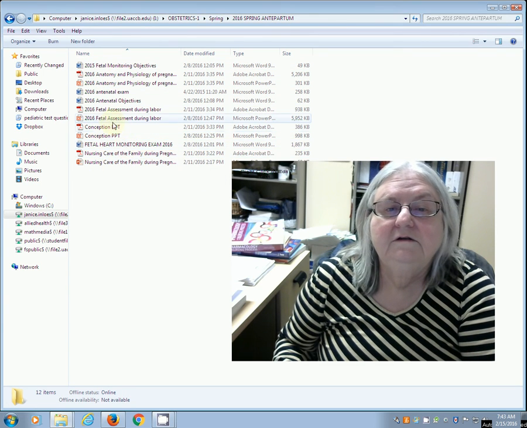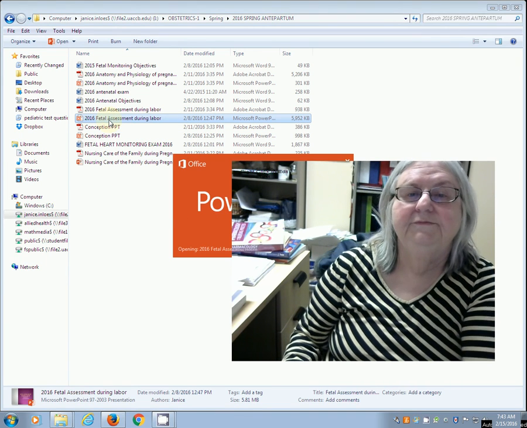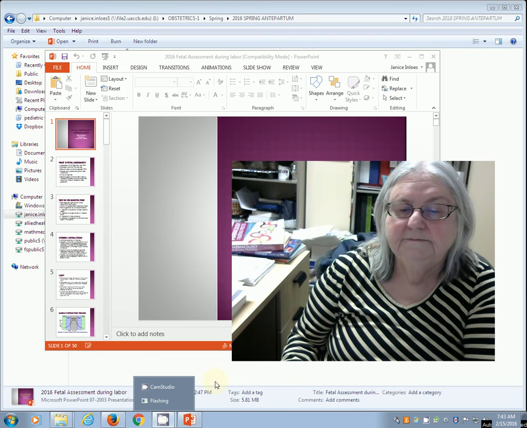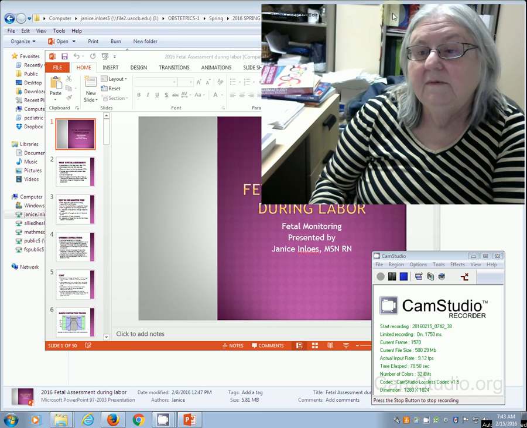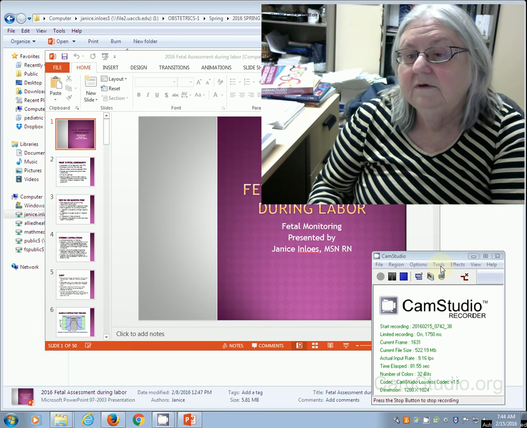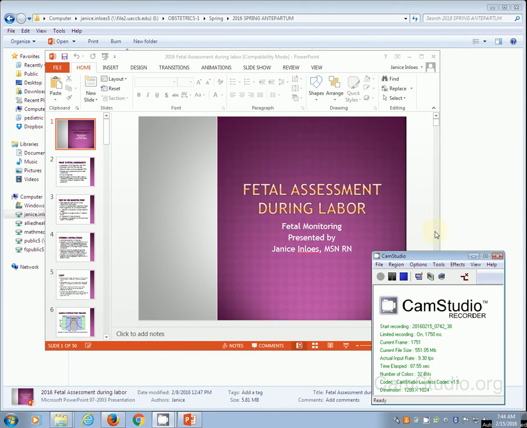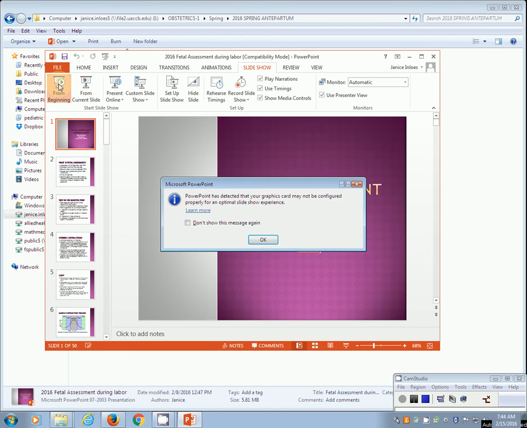Alright, there's your fetal heart monitor exam. Here we go. Fetal assessment during labor. I'm going to take myself off of here. I could put me way up here in the corner and make it smaller so you can see my beautiful smiling face, but you probably don't want to watch me all day. Put that down here out of the way. And slideshow. Computer's as slow as I am today.